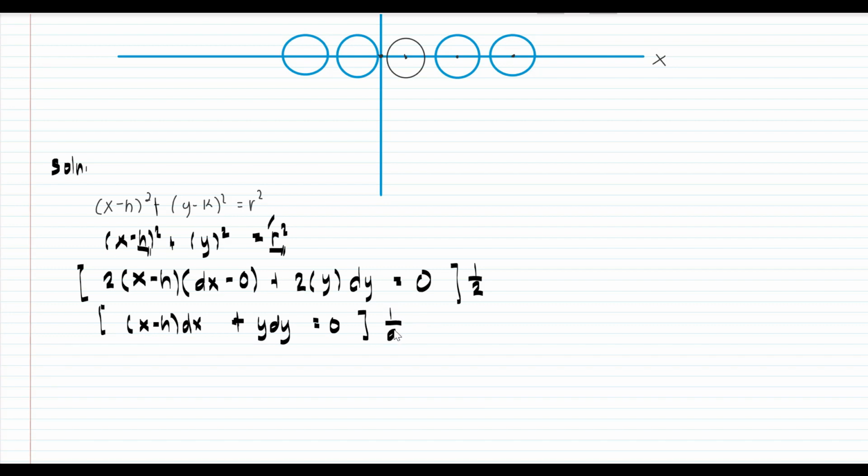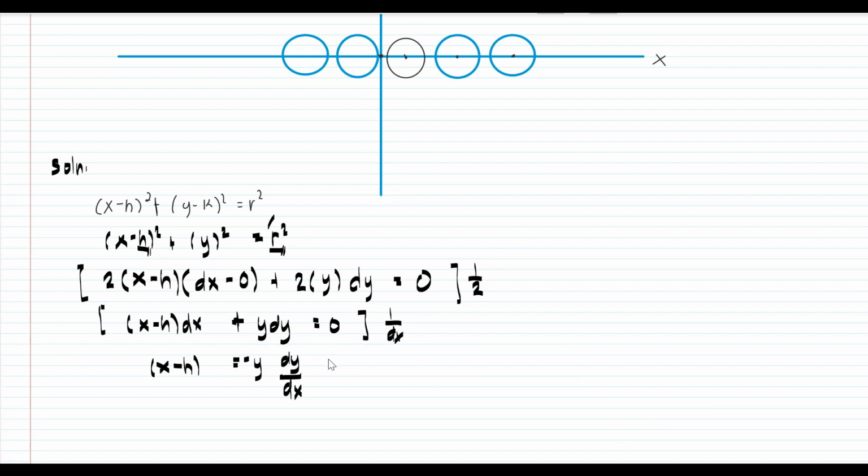We get x − h = −y dy/dx, after we transpose this to the other side. We are done with the first differentiation.